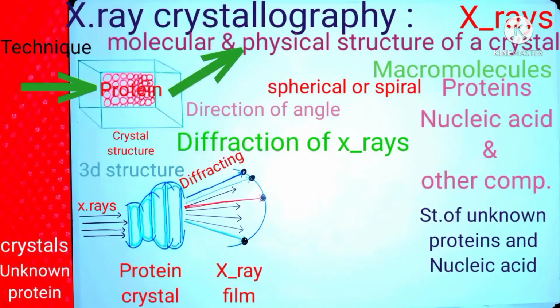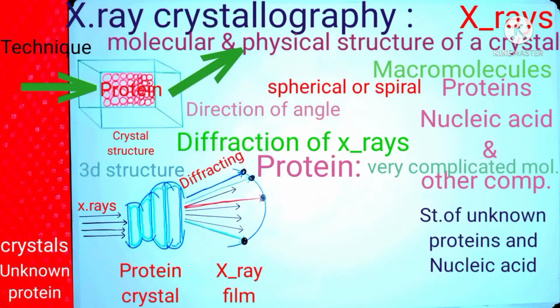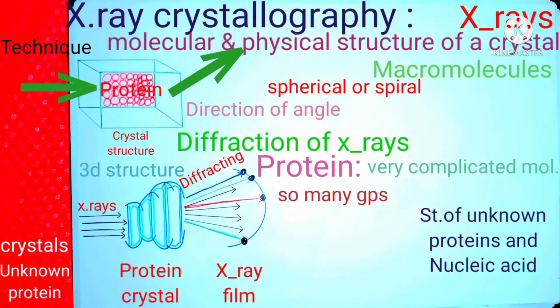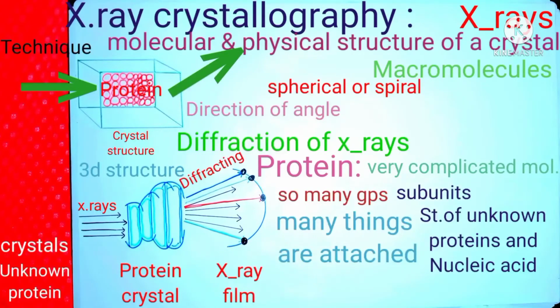That plate is very important to find out exactly what kind of protein structure we are considering, because a protein is a very complex macromolecule. It is made up of so many groups, so many subunits, and many things are attached to each other in it. When we consider this three-dimensional shape, the idea is that X-ray will come and will be diffracted.